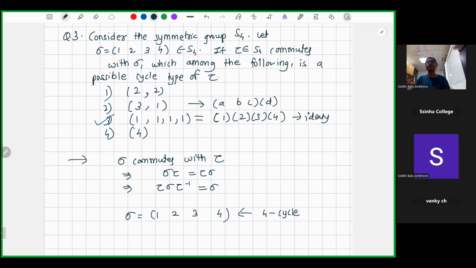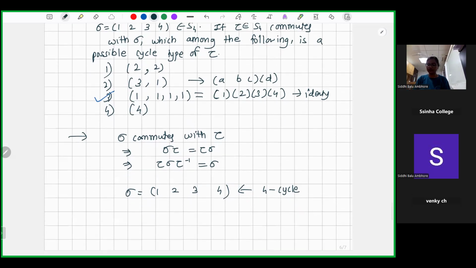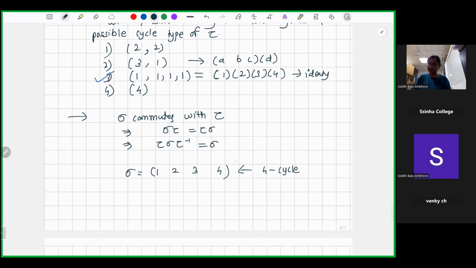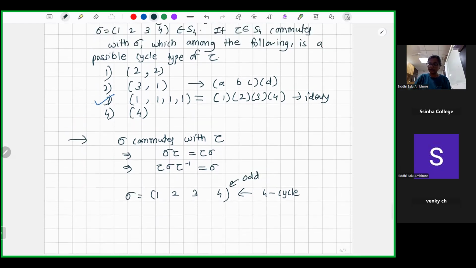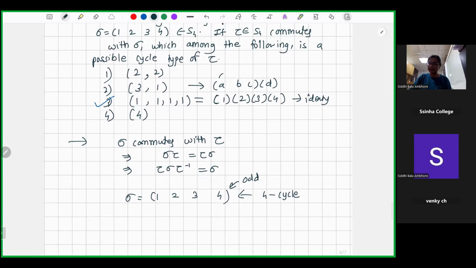And if I want something to commute with tau, then that won't be possible, because here we have something of odd order, and this element (A B C) is of order 3.